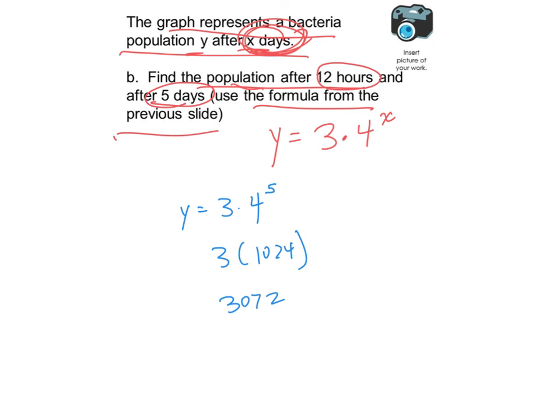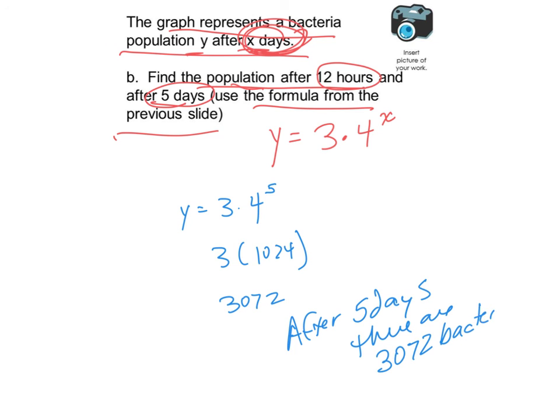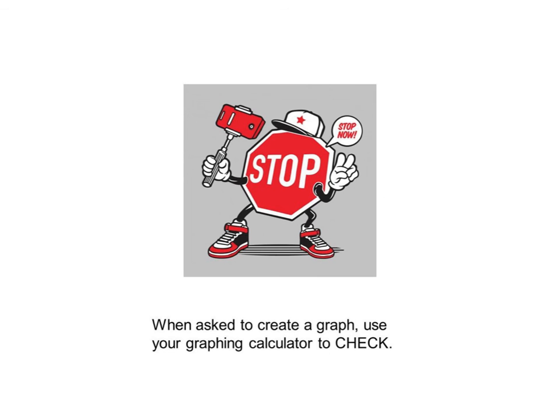Did you get 3,072? So my sentence is, after 5 days, there are 3,072 bacteria. Ew, gross. Period. All right, and that's it.